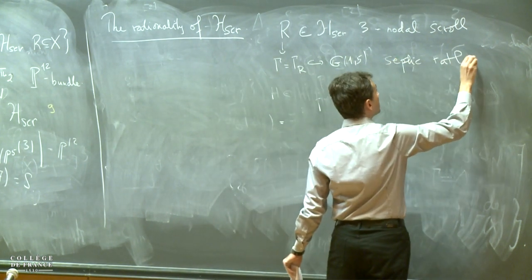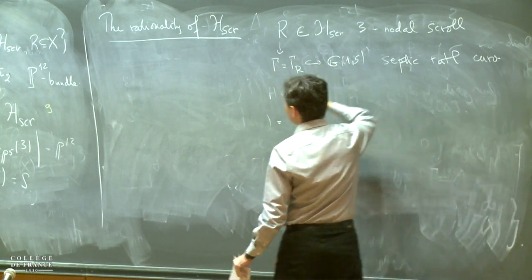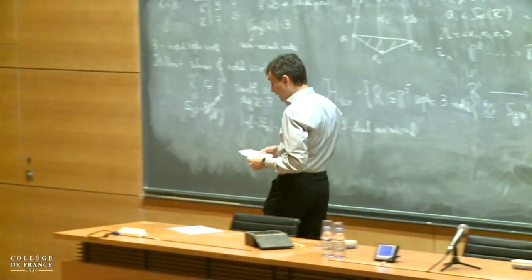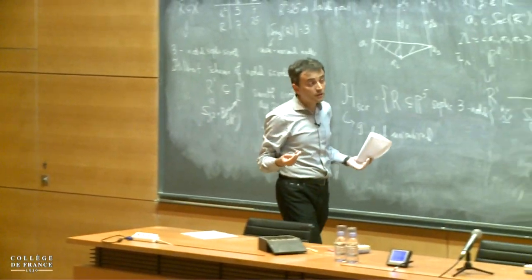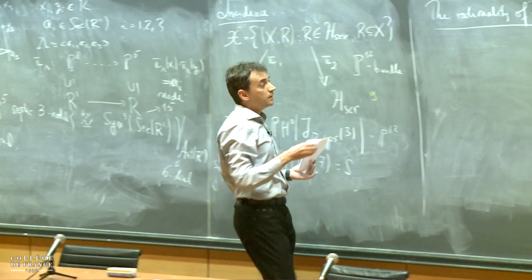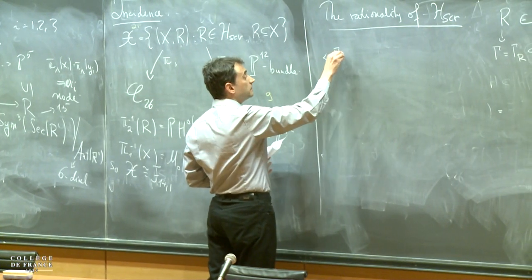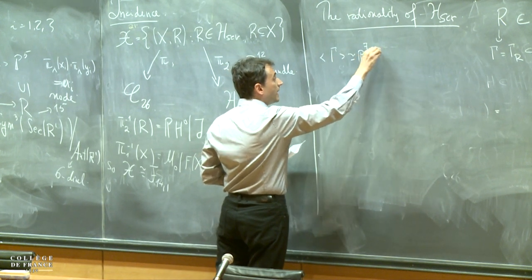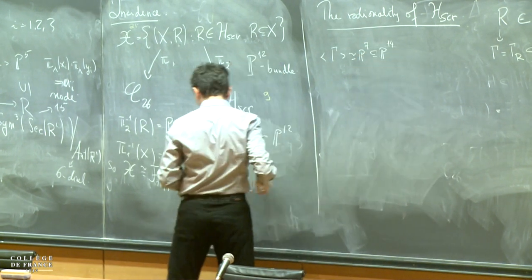Gamma is the curve of rulings. So you put all the lines together, and then you get a curve in the Grassmannian. This is a rational septic curve. So this will span a P7, and this P7 will be embedded in the P14, in the Plücker P14.